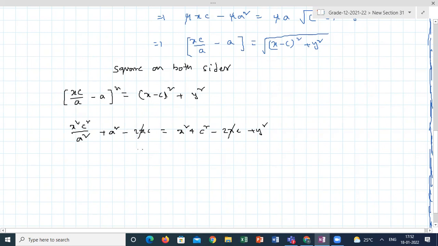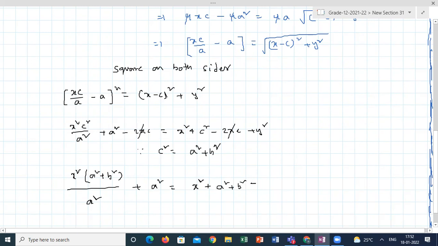Next, since c square is equal to a square plus b square, substitute: x square into a square plus b square divided by a square, correct? Yes, sir. Plus a square is equal to x square plus a square plus b square plus y square. So a square also cancels over there.